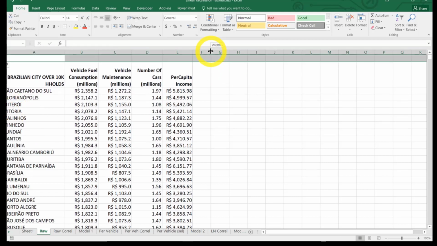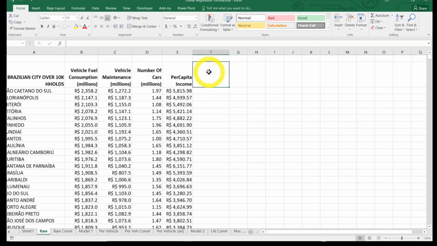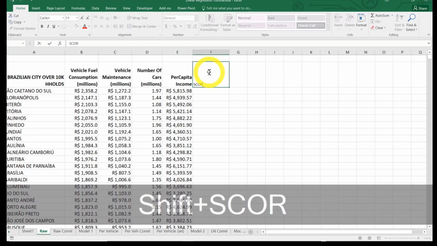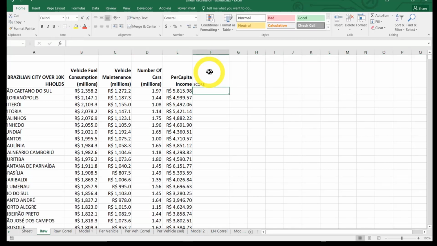I'm going to put our score over here, or our linear regression. So let's pretend we already know this. I'm going to put some numbers here. Say 1, 10, and 0.5. I'm making this up.